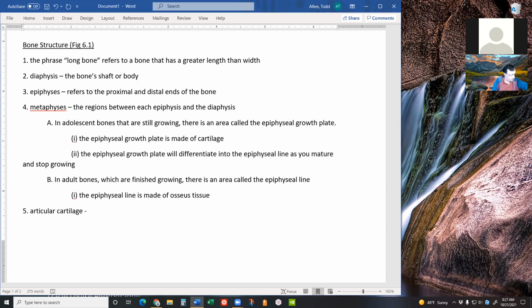You see it at both the proximal and distal ends. Articular cartilage is a very thin layer of hyaline cartilage that covers the part of the epiphysis where the bones form a joint, where the bones form what is known as an articulation with another bone, okay?